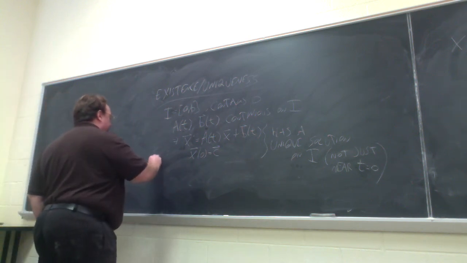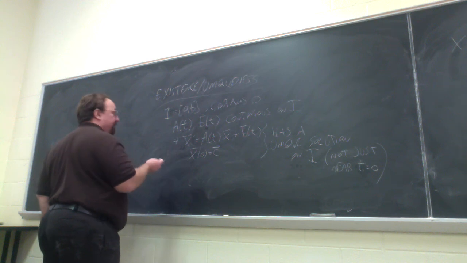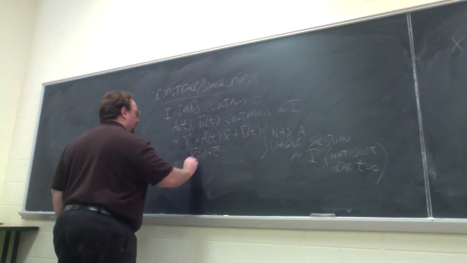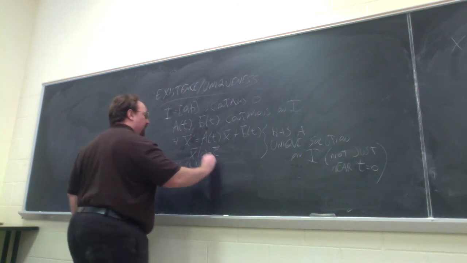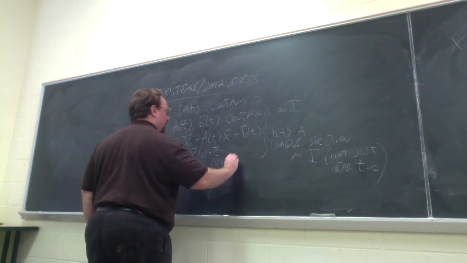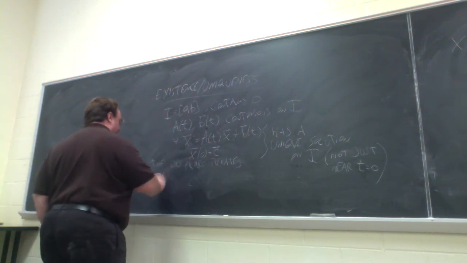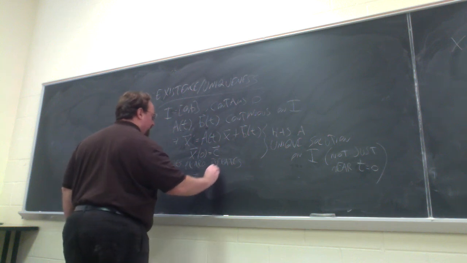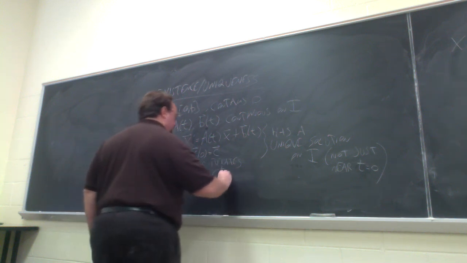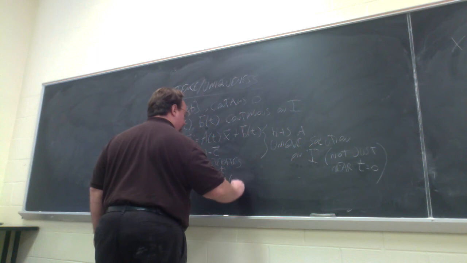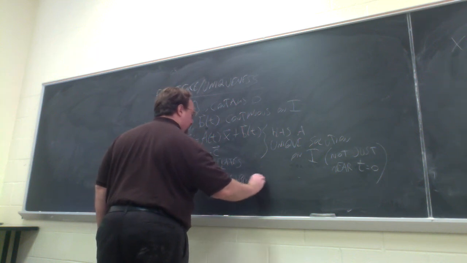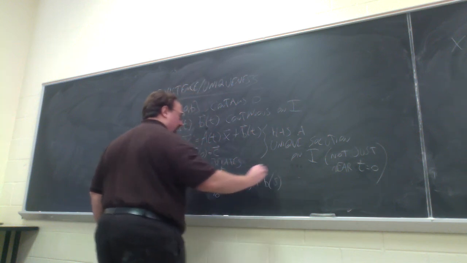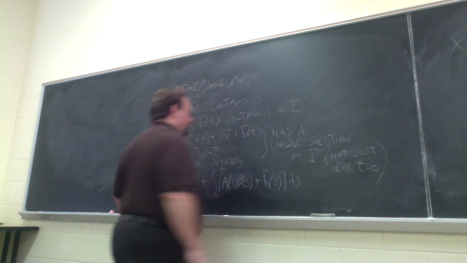I won't really say much of anything about the proof. It really is very similar to what was done last time. And like that proof, it uses the Picard iterates. So beta of t is your initial value plus the integral of A(s) beta(s) plus b(s) ds.